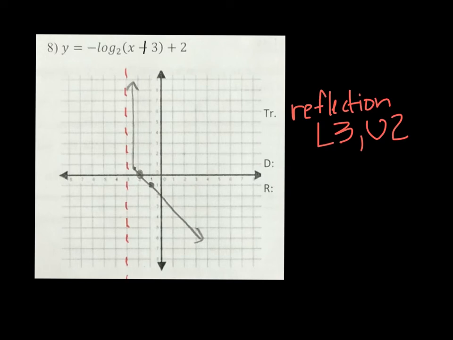Here's the first transformations. I have moved it to the left 3 units and then flipped it to reflect it. So now my point that was at 1/2, -1 got moved to the left 3 units and then flipped over the x-axis.